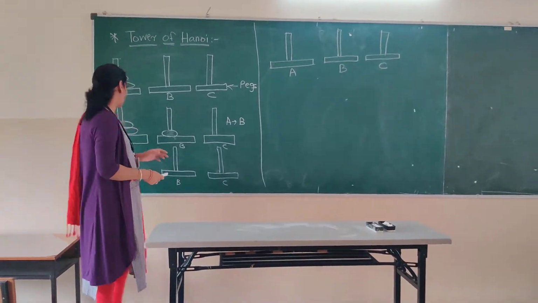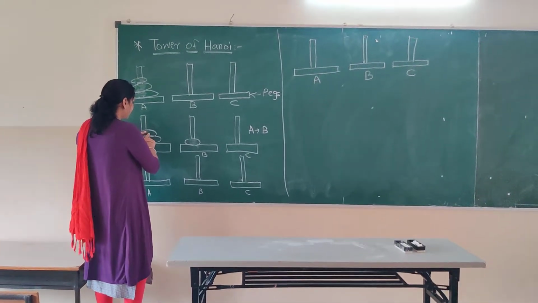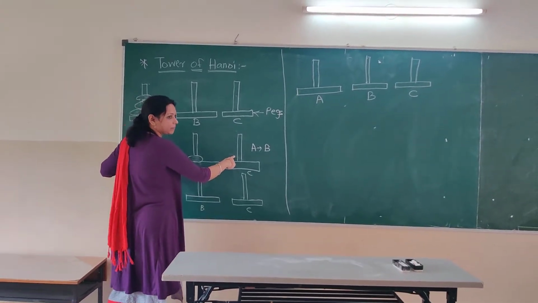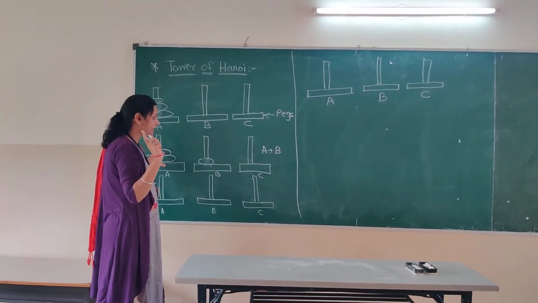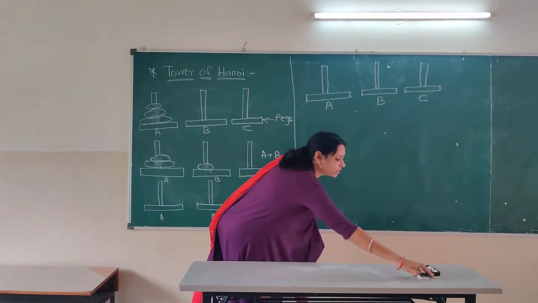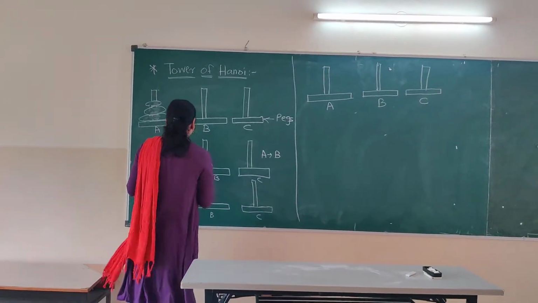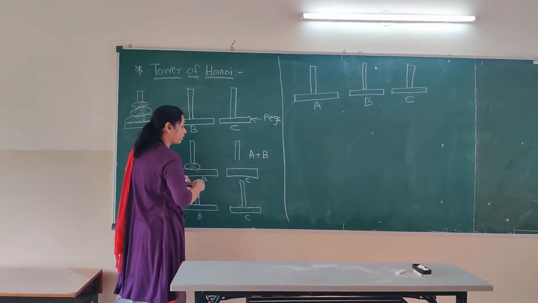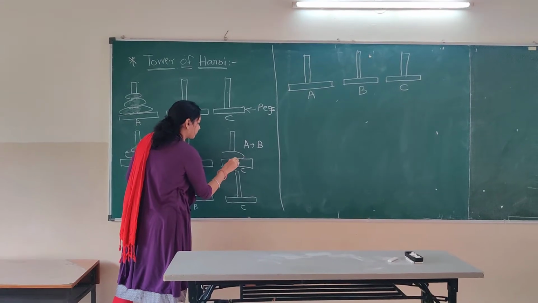I already said that. If I move this middle disc to C, that's why I am telling it in that way. If I move in such a way that the smaller is here and the middle one is here, for the explanation purpose I am telling you.